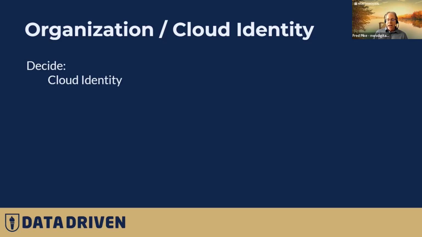And you have a couple of options here, whether you want to go with the cloud identity, which is just pretty much setting up the organization, or if you want to go the Google Workspace route. And I'll tell you that in the process, Google really tries to move you into the Google Workspace approach. You have to kind of not do that to set up the cloud identity.